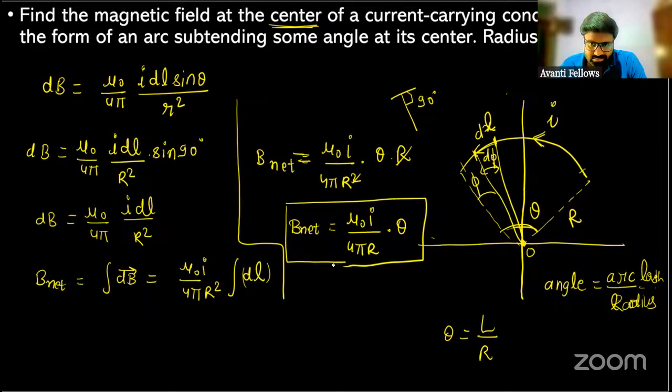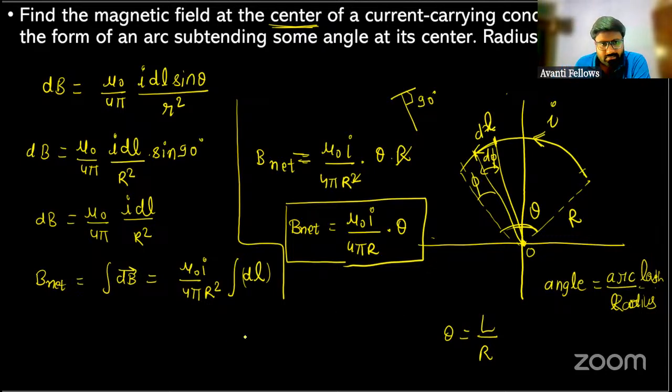So for a circle, what will this angle become? Tell me in the comment box. What would be the value of this angle theta for a circle? Anyone respond, please. What would be the value of this angle theta for a circle? 2 pi. Very good, Bishan. So 2 pi you are saying?